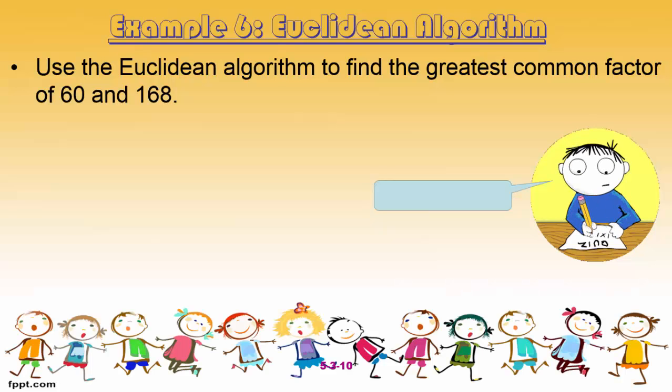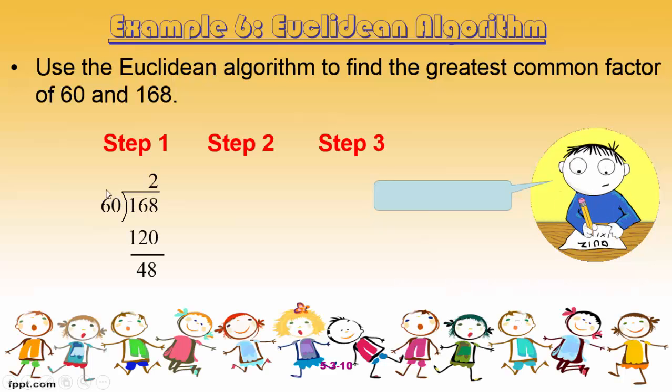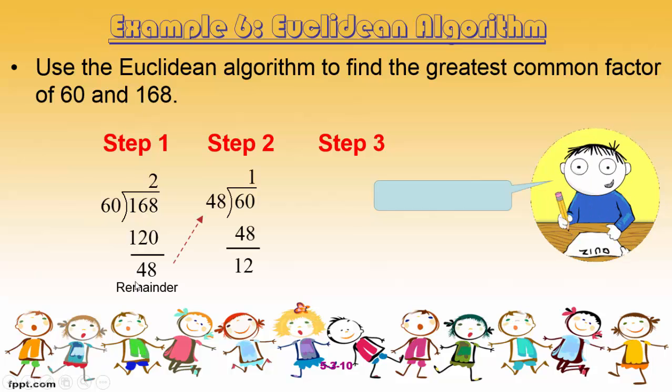Reviewing what we just did on the whiteboard, I divided 60 into 168, and 60 goes into 168 2 times, so that 2 times 60 is 120. I subtracted it, I got 48. That is my remainder. Then I took 48 and I divided it into 60. It only goes in once, and I subtracted 48 from 60 and I got 12.